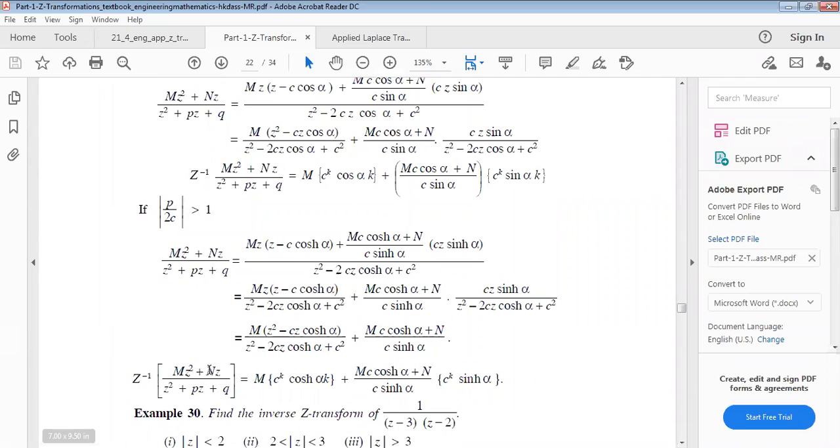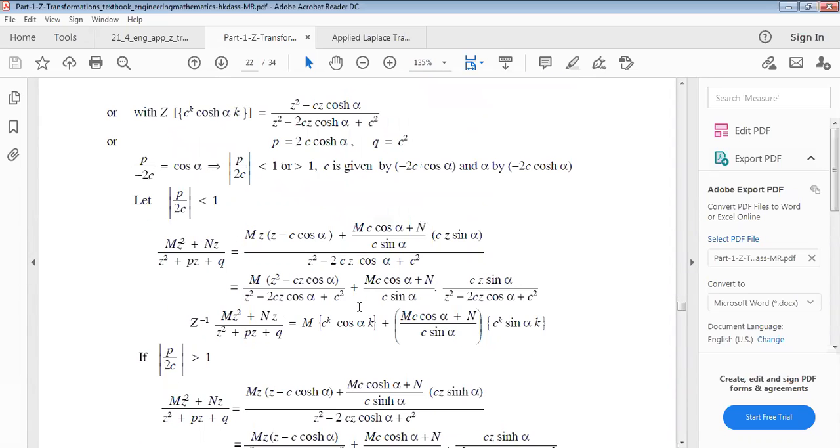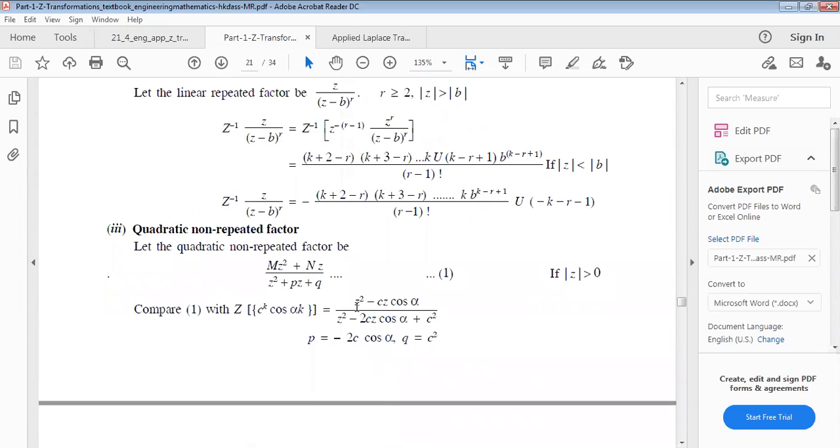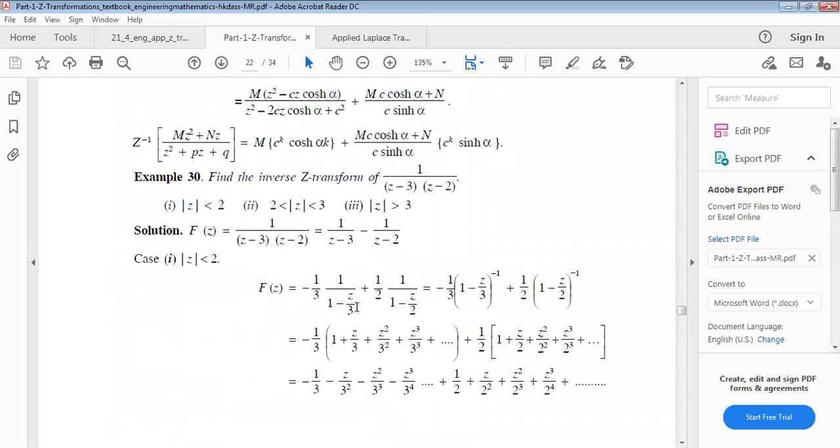So the inverse transformation will be just the main sequence of this plus this one, c to the power k cos hyperbolic alpha k. This is actually the theory.